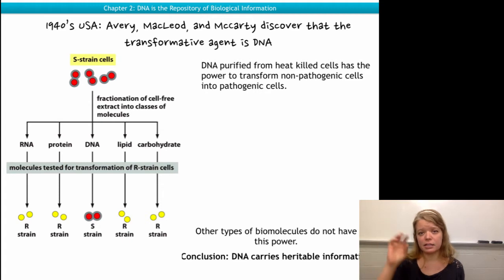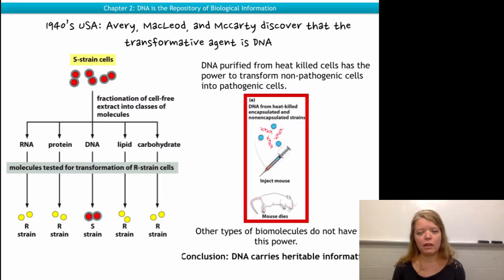And then they tested the different fractions that contained different molecules by mixing only that fraction with the naive R strain and injecting them into the mice and seeing whether that fraction of the S strain was able to transform the non-virulent strain into something that would kill a mouse.